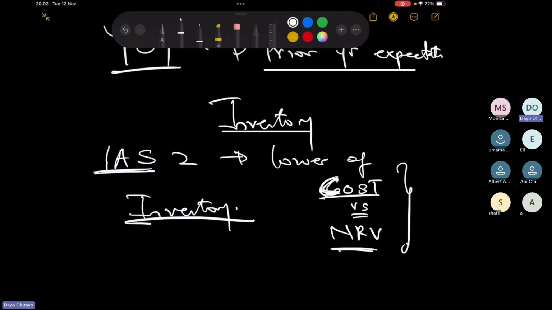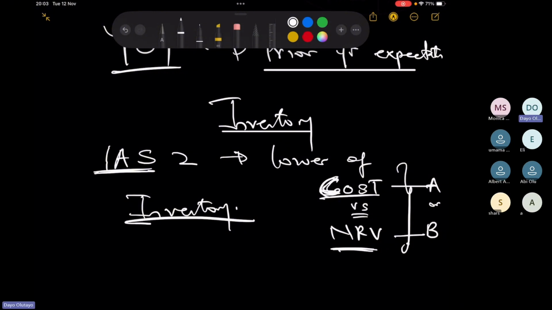Or maybe the net realizable value is even less than the cost, and you're still carrying that inventory at cost. That is wrong. So you must always know this. You must always know this. And the lower of A or B is the value of your inventory. Very important to know that.